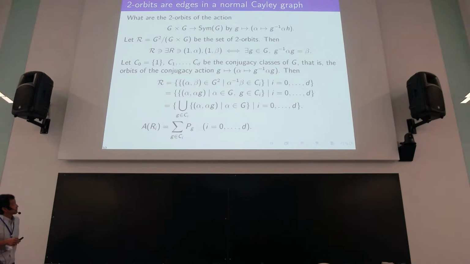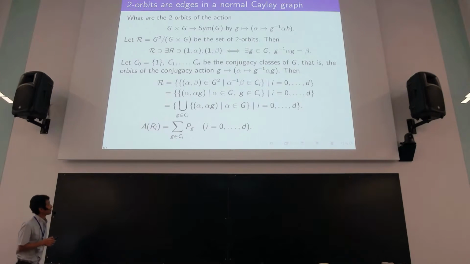So from this description, I can immediately find the adjacency matrices, because the relations are indexed by conjugacy class. So what are the adjacency matrices? If I fix i, then this is the relation. But this relation exactly is of the form of a permutation matrix.